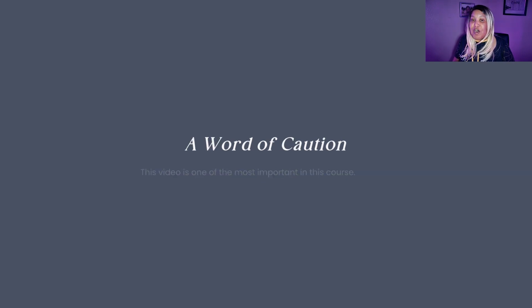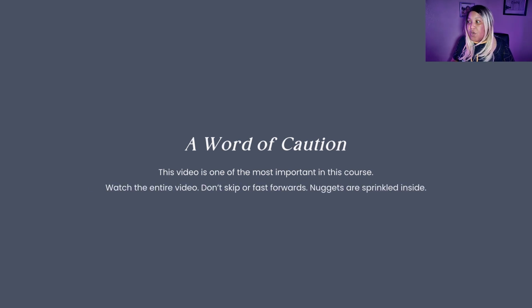But a word of caution, this video is one of the most important videos in the course because this is about to create your marketing message. This is your elevator pitch. This is how you're going to be explaining to everybody you meet how you do what you do, okay? So you want to get this dialed in and you want to get it right and you want to get it tight. So don't skip around. Watch the video in its entirety. This video should not take long because we're creating the core.